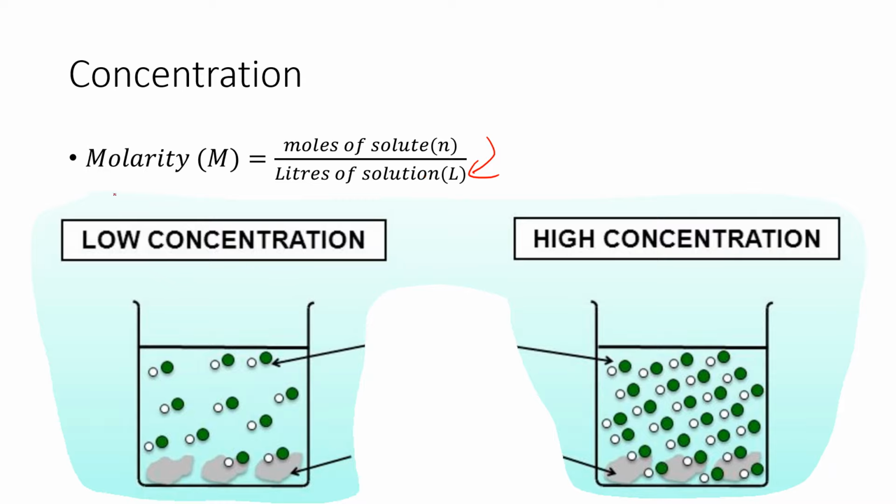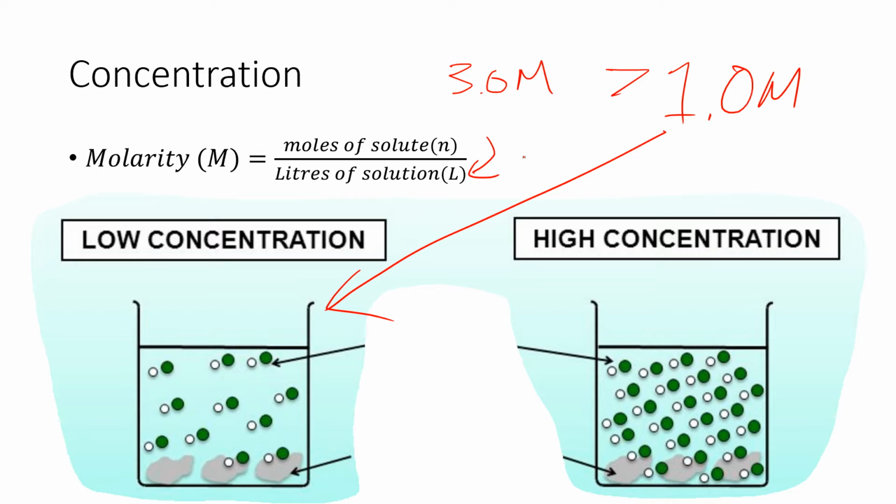Okay, so this is molarity, and it just measures how concentrated something is. So for example, something that has a molarity of 3 is greater than, let's say, a concentration of 1 molarity. So this might be 1 molarity, this might be 3 molarity. There's more moles in a given volume, right?